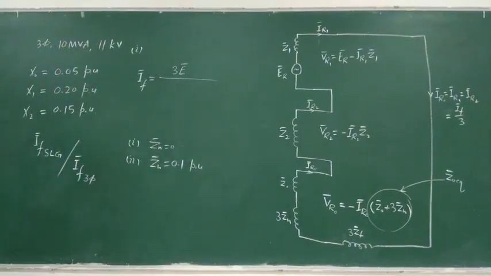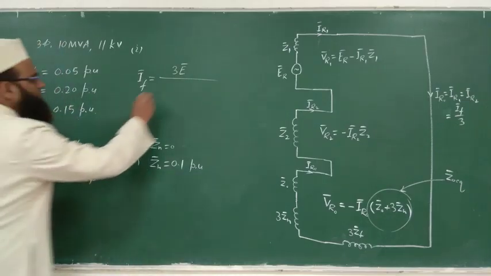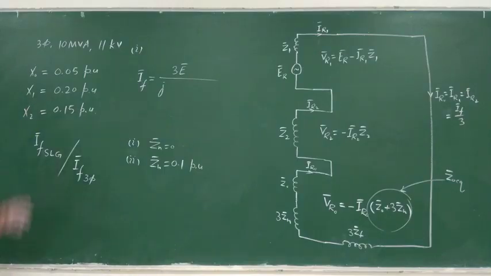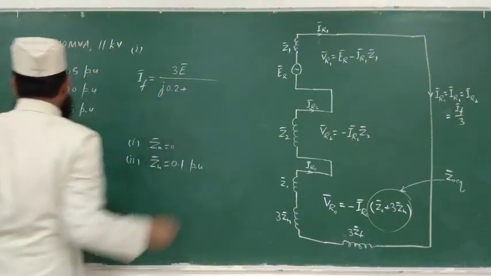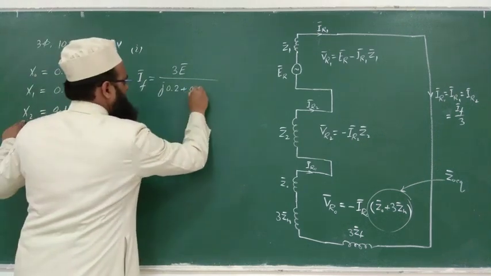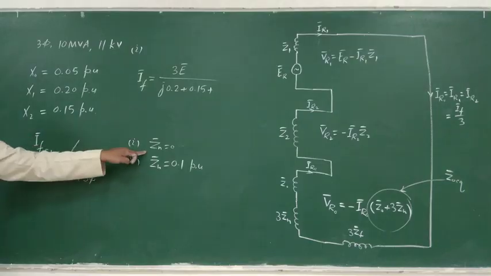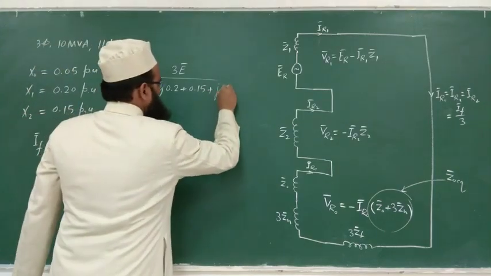Upon X1 plus X2 plus X0. Resistance is not given, so Z1 will be 0 plus jX1, that is j times 0.2, plus Z2, 0 plus j0.15, plus Z0 equivalent. Zn is 0, so that will be this plus 3 times 0, that is j times 0.05.